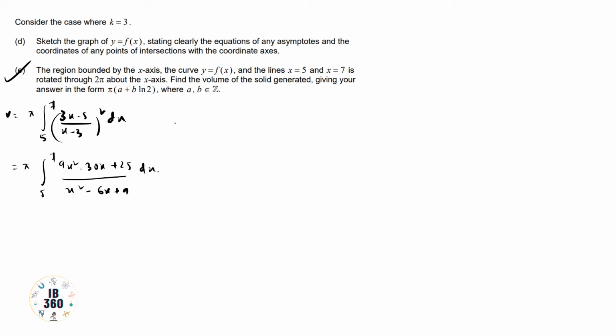Okay, so to make it in the general form, you need to divide it. I am doing it in this portion. So divide 9x squared minus 30x plus 25 by x squared minus 6x plus 9. To get the first term, it will be 9.